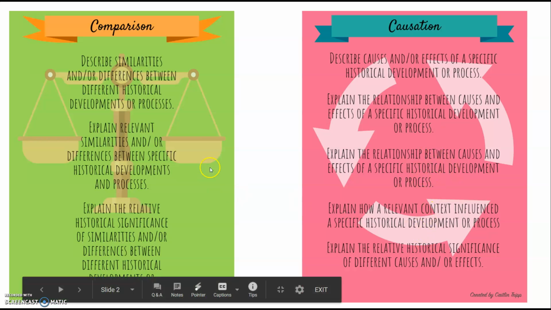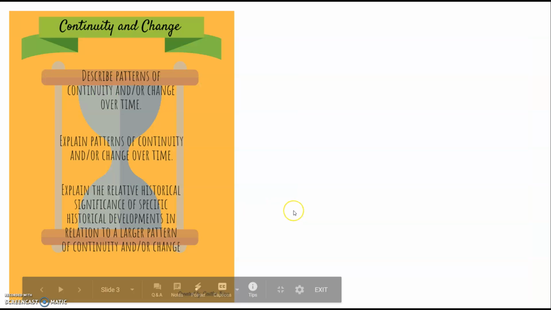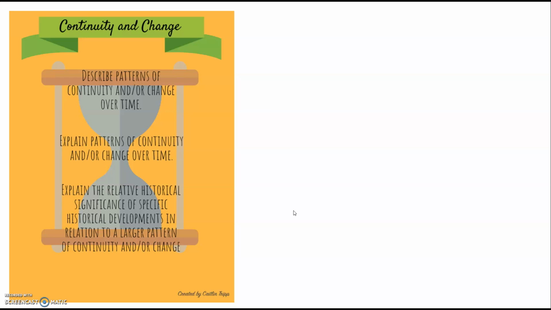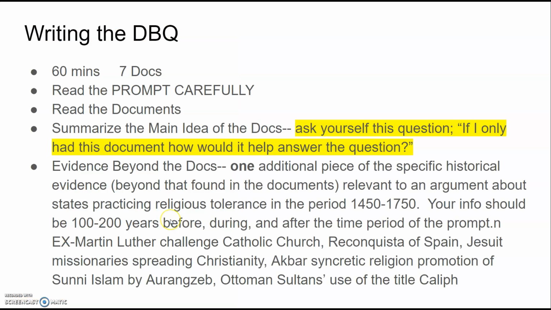These are the kind of things that you'll be looking for in your prompt to make the realization of whether you're going to write a causation, comparison, or a continuity and change over time type of essay. That's always important to know, so that you create an essay that has all the portions that you'll need.